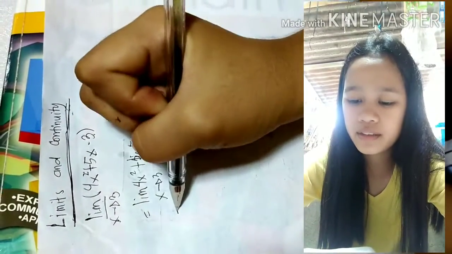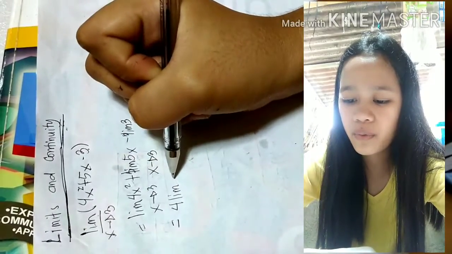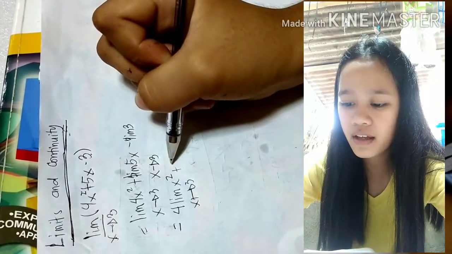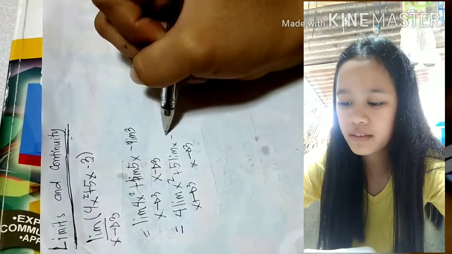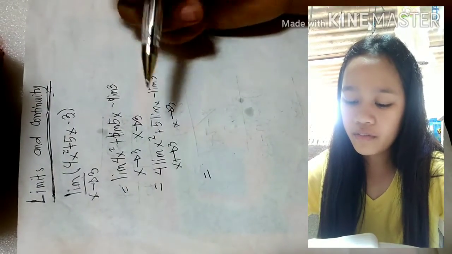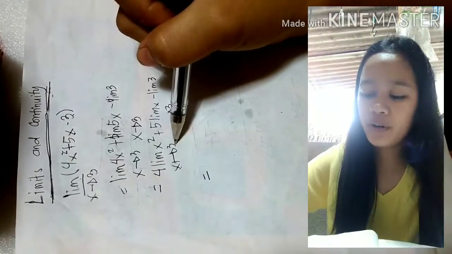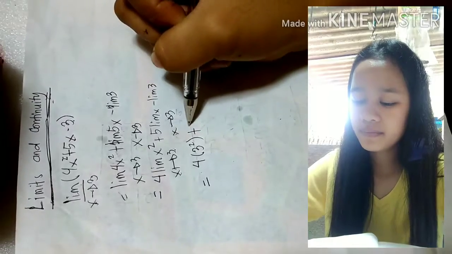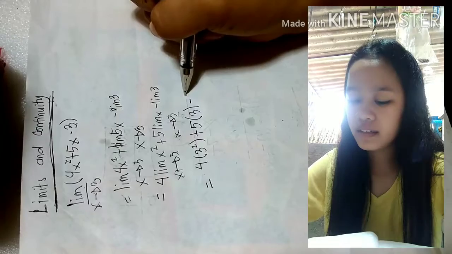Then we will rewrite the equation: 4 times the limit of x squared as x approaches 3, plus 5 times the limit of x as x approaches 3, minus the limit of 3. So we're going to substitute the value of x with 3. So 4 times 3 squared plus 5 times 3 minus the limit of 3.